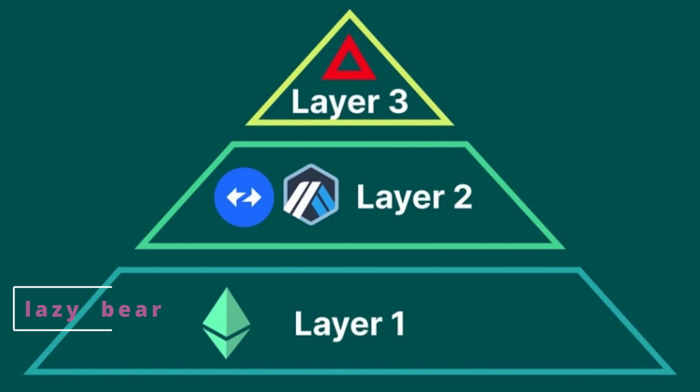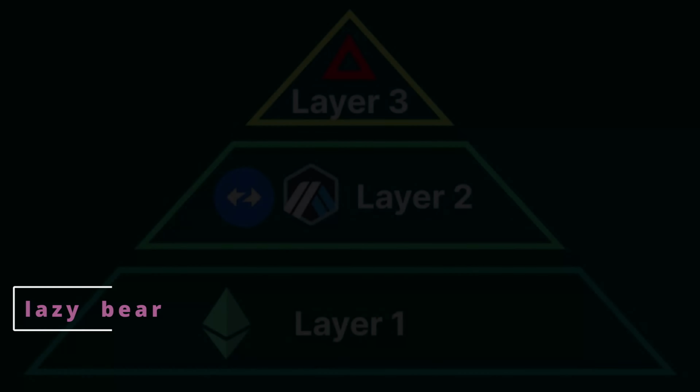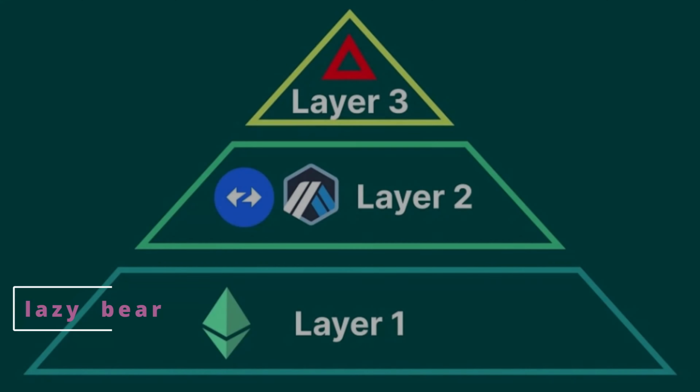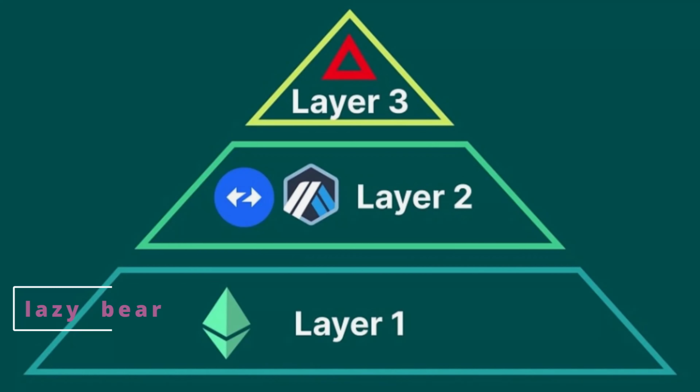Layer 3s also address the problem of interoperability. Layer 3s can act as a bridge between the different blockchains so that transactions and data can flow across the different platforms. This means that Layer 3 dApps have the functionality to connect to different chains such as Ethereum and Solana.